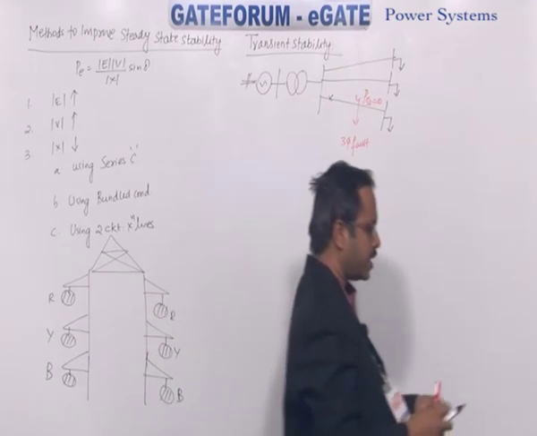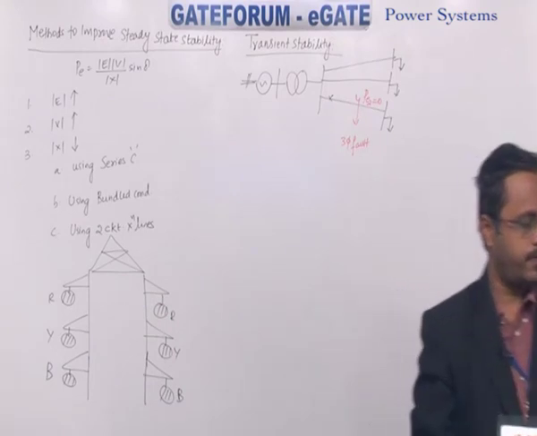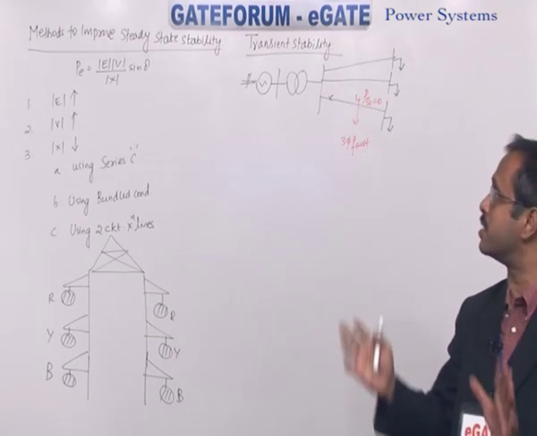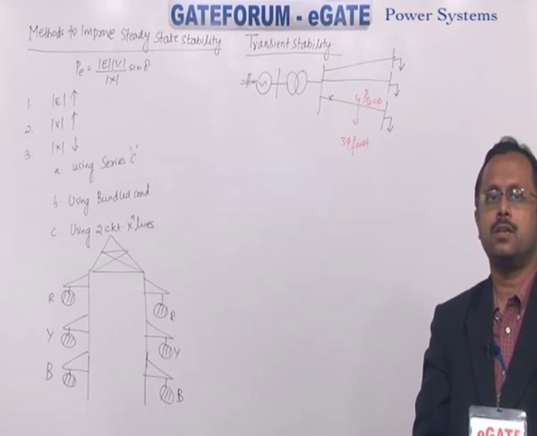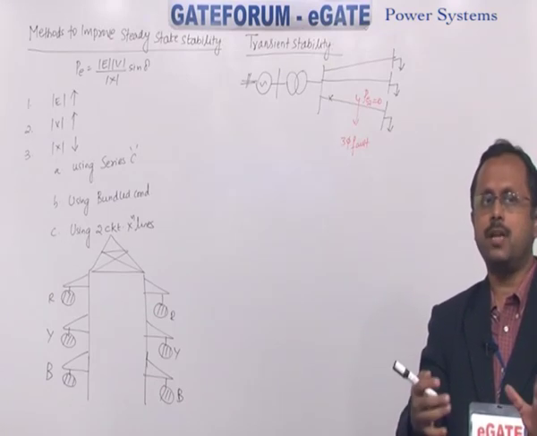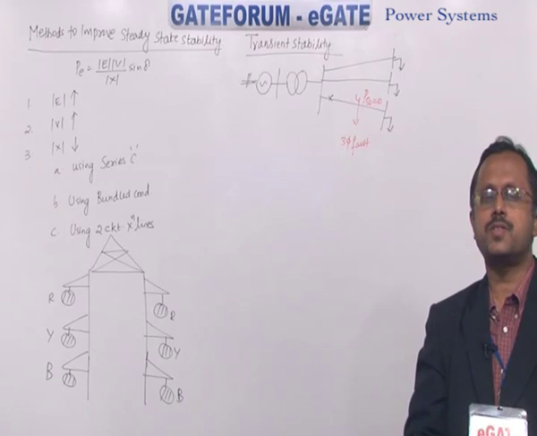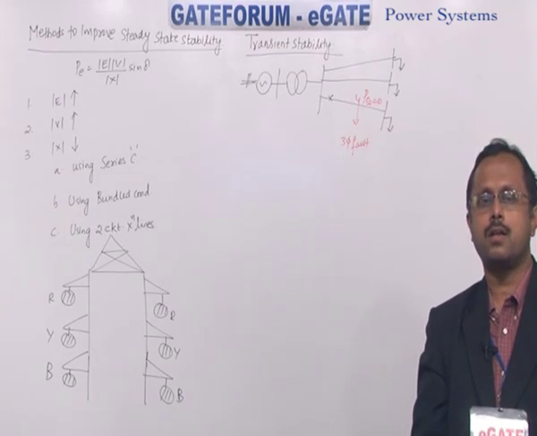So how do you define the transient stability? Definition is similar to steady state stability only, but at the end we change it to sudden and large changes in load demand.